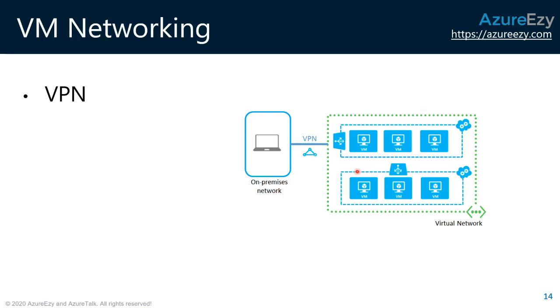Now, if you want to access something on the office network while working from home, you must have seen that some resources you cannot access without a VPN connection. So you should know that if your service is deployed in Azure and is not exposed over the internet, then wherever you are, you must have a connection established to that network in Azure so that you can establish that communication.